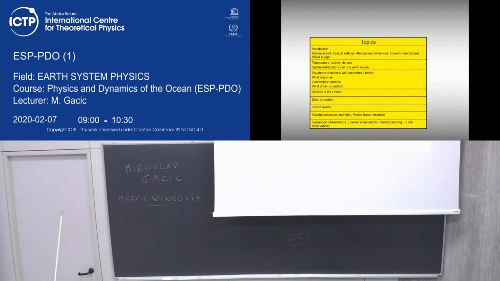So, this is the course syllabus, and we will see the historical and physical settings, atmospheric influence, oceanic heat budget and water budget, so that means the energy consideration of the ocean. Then we will be talking about the state variables of the ocean, which are temperature, salinity, and density. These are the variables which determine the state of the sea.